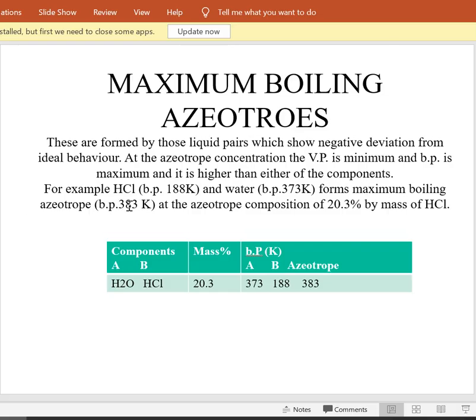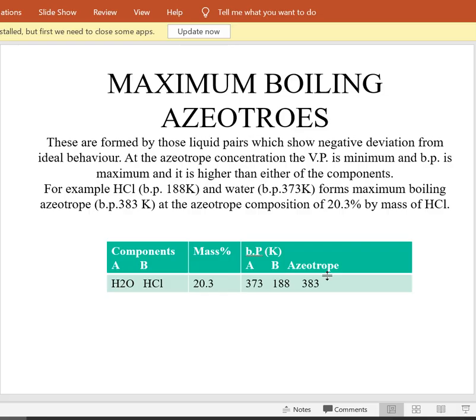The boiling point is 383, which is higher than the boiling points of both. At the azeotropic composition of 20.3% by mass of HCl, they show maximum boiling azeotropes.